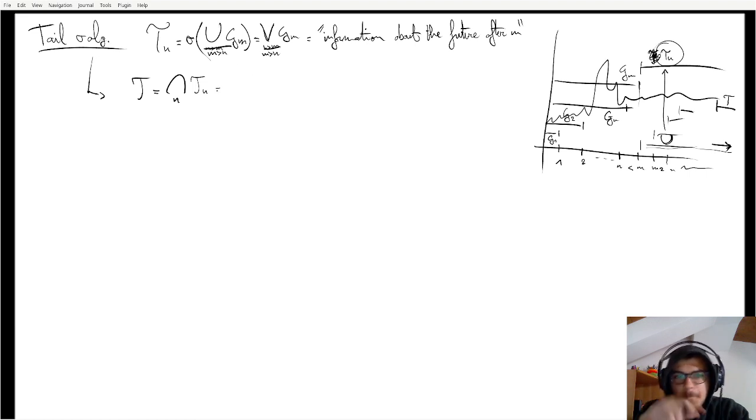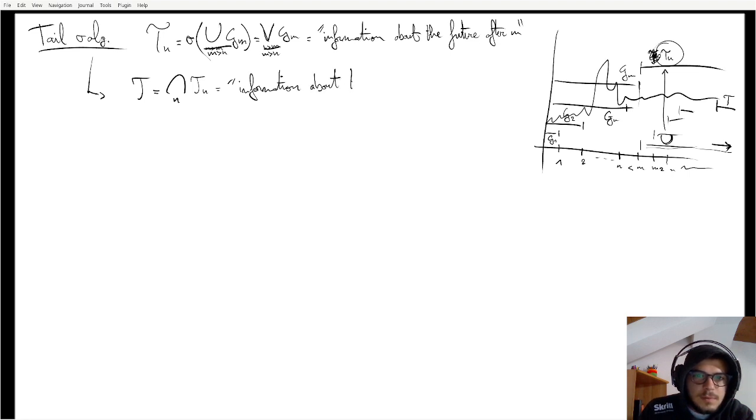And this is the tail sigma algebra, and it's the information about the remote future.